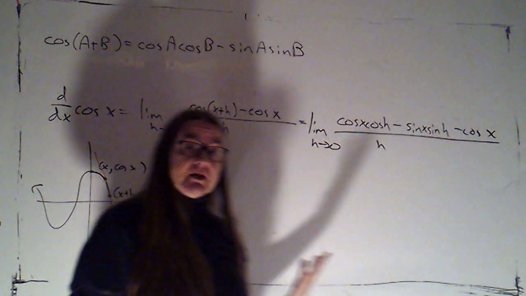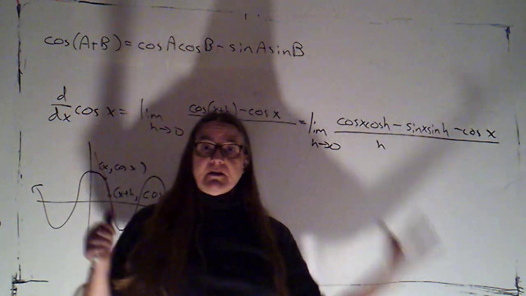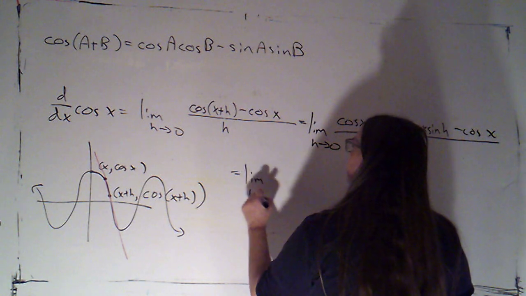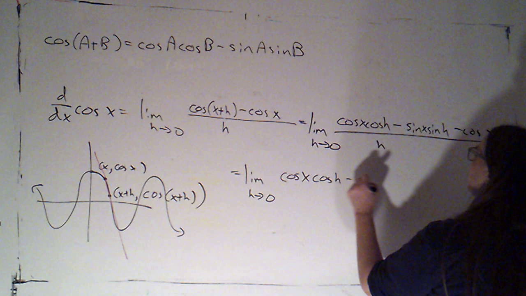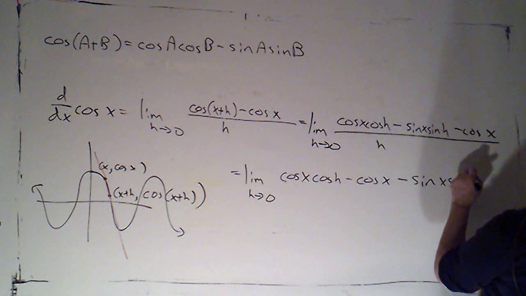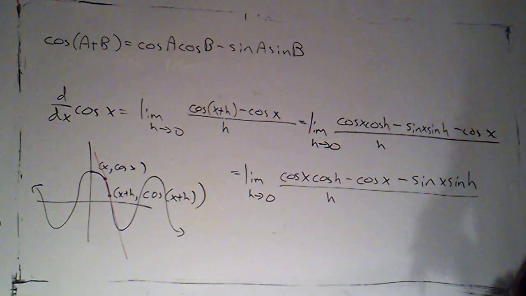So again, I have three terms on top. The first term and the last term have a cosine in common, so I'm just going to rearrange things and put them together. So this is the limit as h goes to 0 of cosine x cosine h minus cosine x minus sine x sine h all over h.